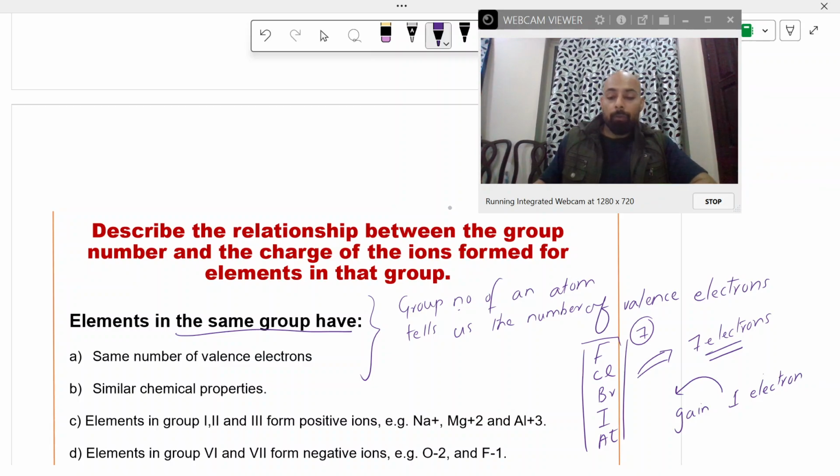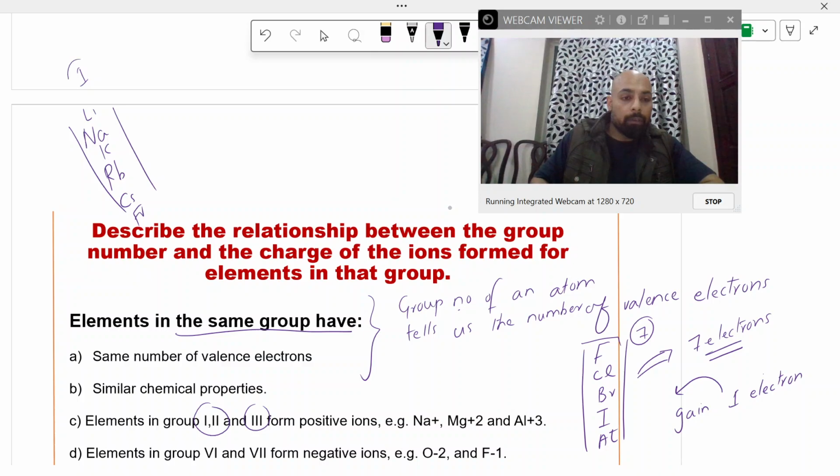In the same fashion, let's say we have elements in group 1, group 2, group 3. How many electrons are in the outer shell of group 1? Lithium, sodium, potassium, rubidium, cesium and francium are group 1. They have 1 electron in the outermost shell.